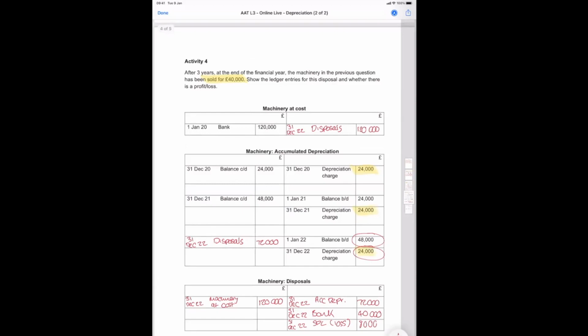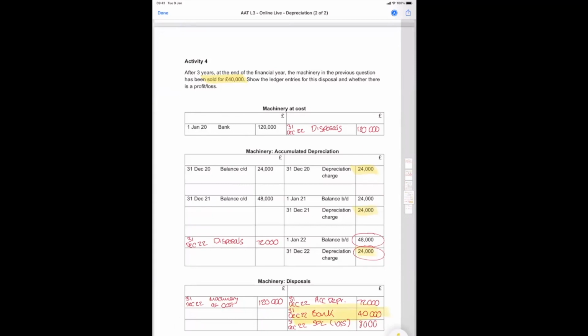Now, the difference is, in the first question we were told that the vehicle had been sold for £40,000, which means this entry in the disposals account on the credit side, we debited the bank account and we credited the disposals account for 40,000.